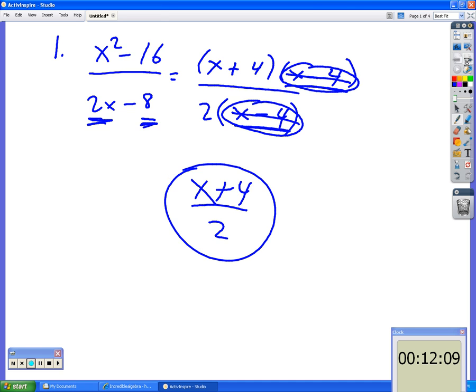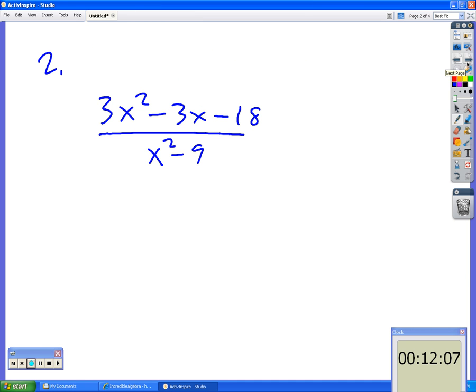Number 2. Now, it's the same problem; we just have to factor it differently. What we're going to do on the top is we have a common factor 3. There's a 3 here, a 3 here, and a 3 here.